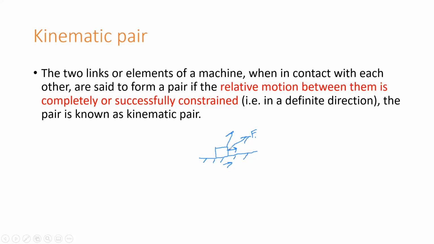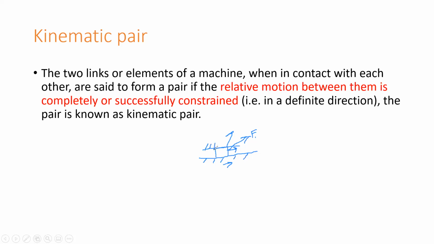Because it is not constrained, it is not restricted to move only in the x direction. If I want to restrict its motion, what I will do is provide a recess or a guide.